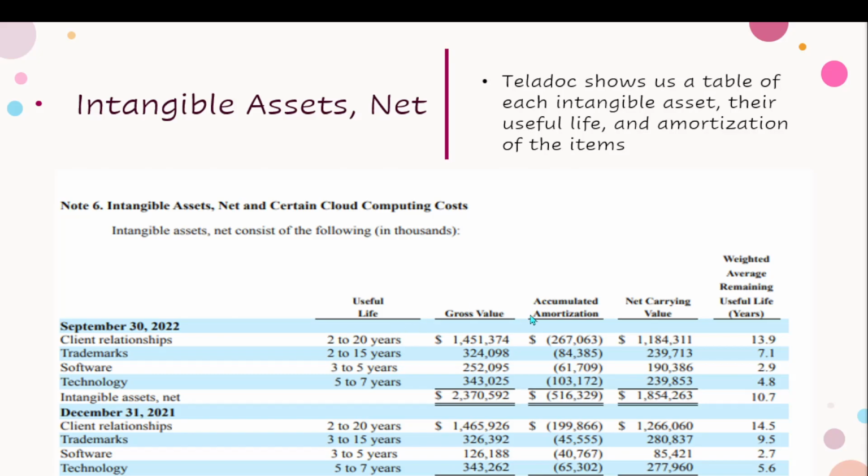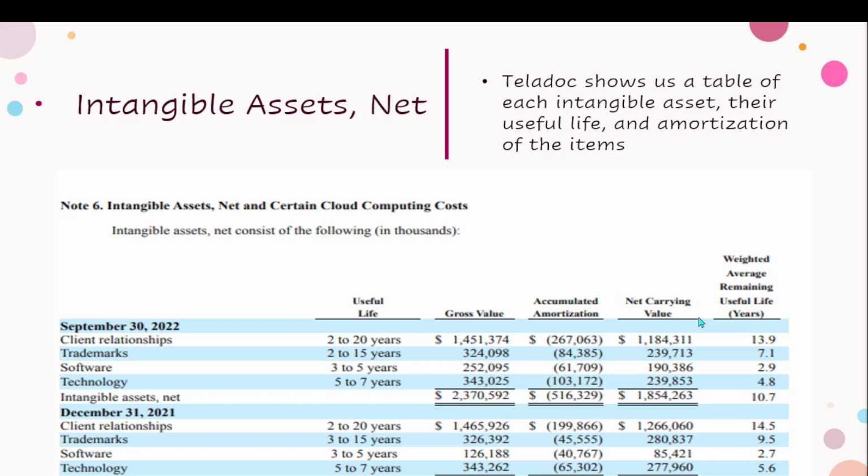Now right here they say the gross value is about $1.451 billion. Now they're amortizing this over its useful life. So essentially they're marking this value down by $267 million here in this quarter. So now they're saying that the net carrying value, this is what they're putting on their balance sheet.